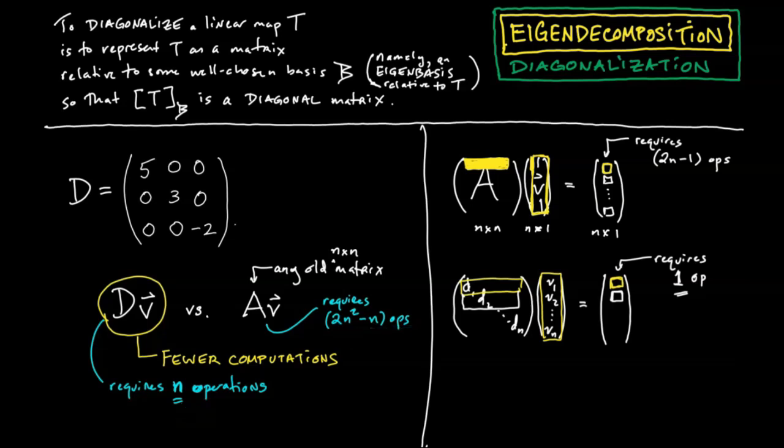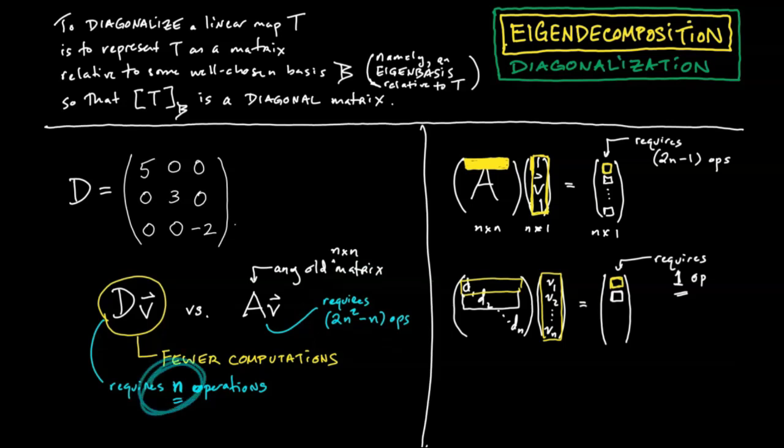But the real payoff is when n is large, as it so often is in applications. Even if n is modest, like 100, then this sort of multiplication requires 100 operations, whereas this sort requires, what would that be? Almost 20,000 operations. 19,900 to be exact.